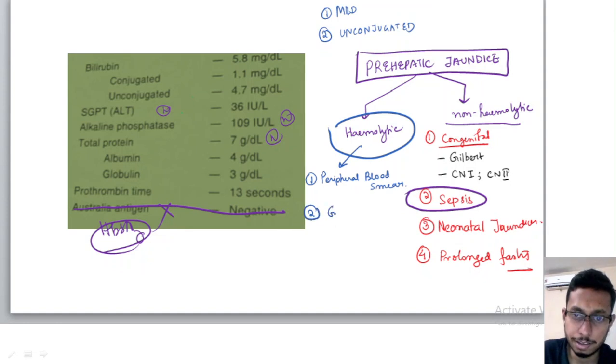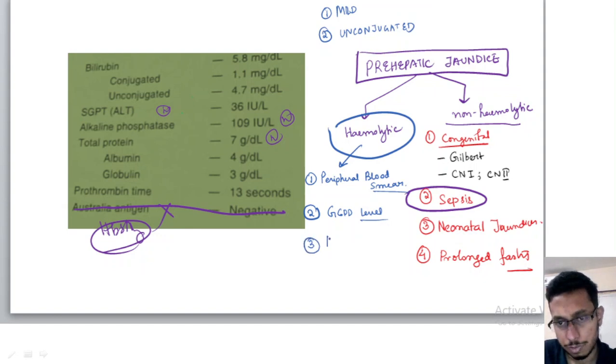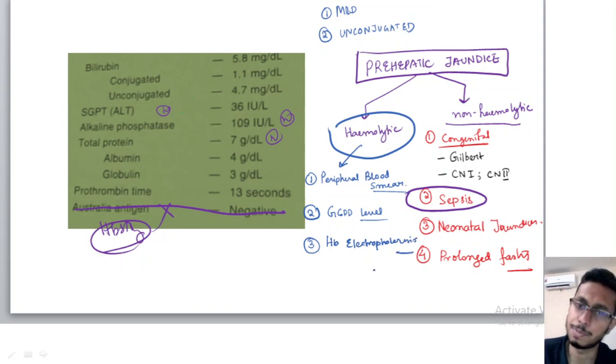And secondly, G6PD level you should order. Second, you can go for hemoglobin electrophoresis for sickle cell anemia or thalassemia. Okay, this is the approach to hemolytic jaundice.